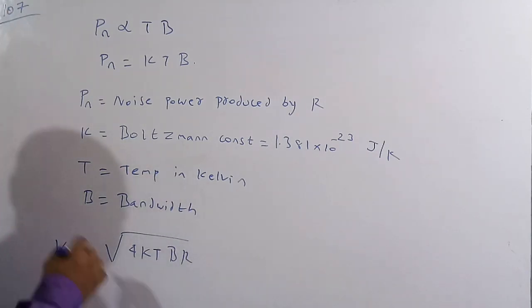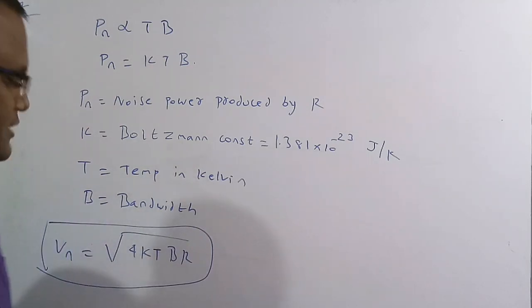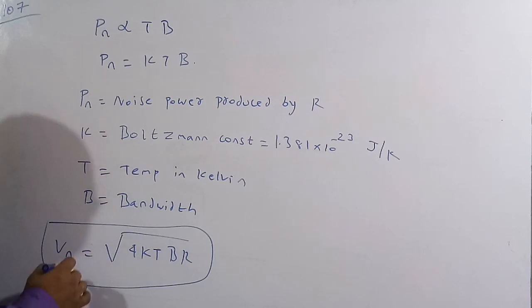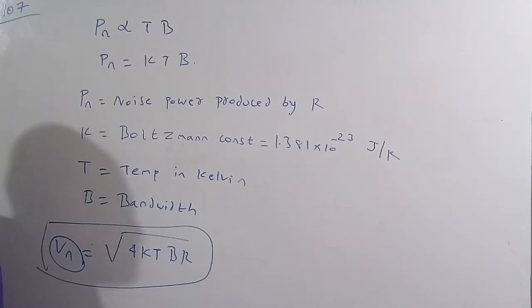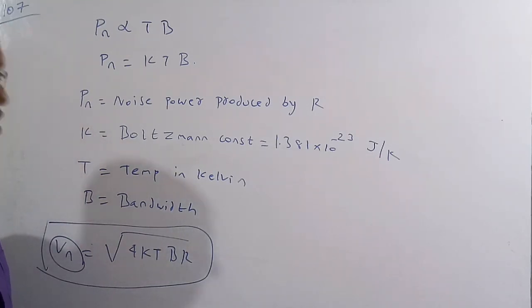We also already know, as I told you in the previous example, that Vn is equal to the square root of 4kTBR. Here Vn is the RMS value of the thermal voltage. It is also called the noise voltage or the Johnson voltage, because it was first discovered by the scientist Johnson, and it is named after him.